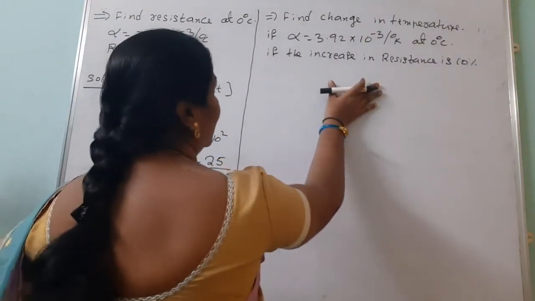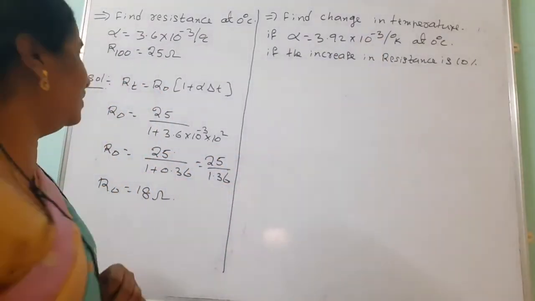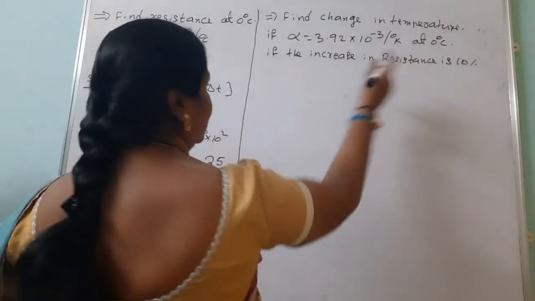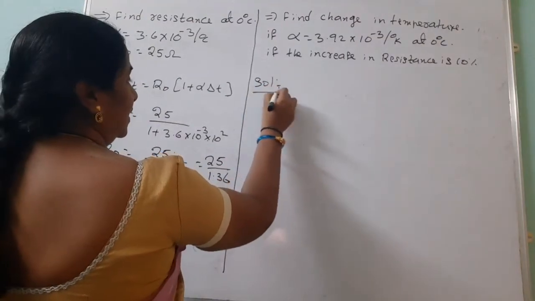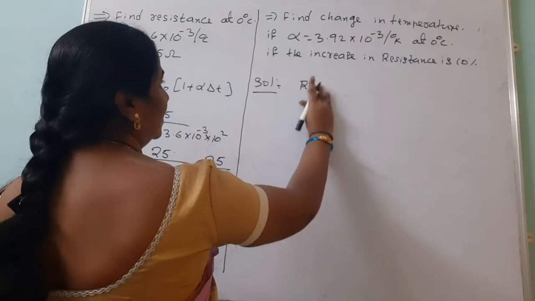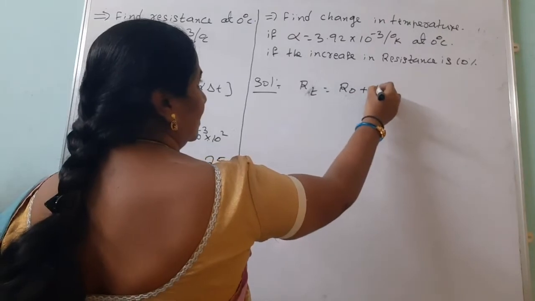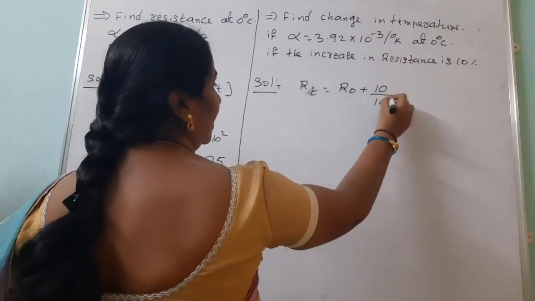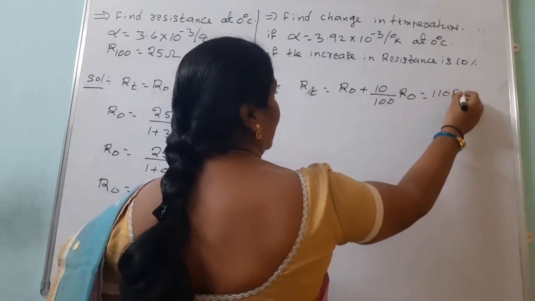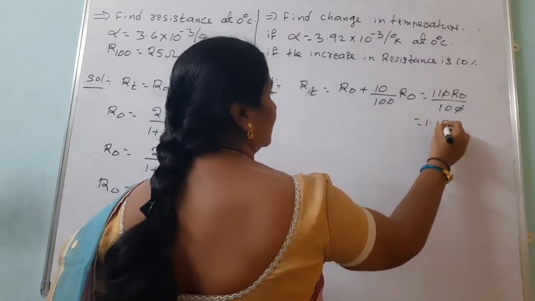Then one more problem we are looking at. Find the change in temperature. Same formula we are using. Find the change in temperature, if the increase in resistance is 10%. Look, we should consider R2, otherwise RT, equals R naught plus 10%, 10 by 100 times R naught, which means 110 R naught by 100, that is 1.1 R naught.